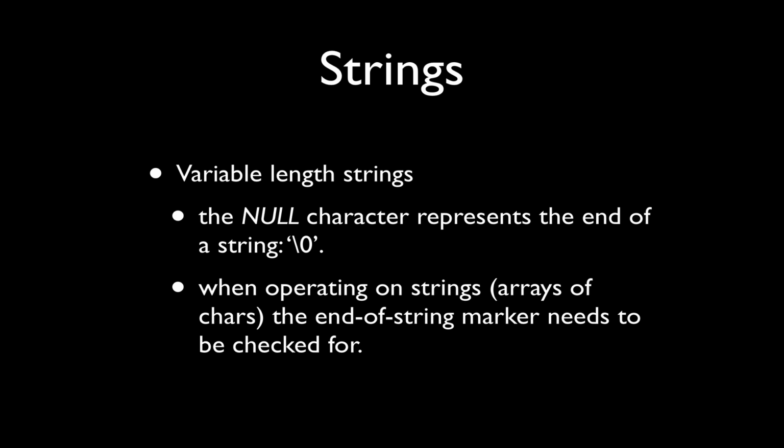The null character represents the end of a string in C. So when we operate on strings, when we do comparisons, or concatenation, or copy strings from one location to another, we're always going to use that end of string marker, the null character, to represent where a string ends. So we need to be able to look for that, and it's important that when we represent strings, we actually have that null character at the end of it.